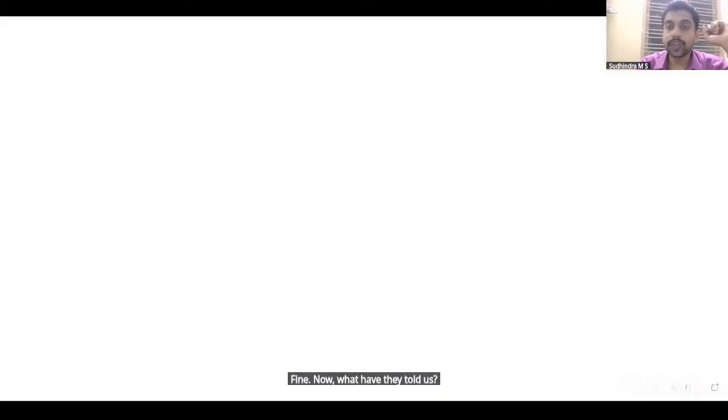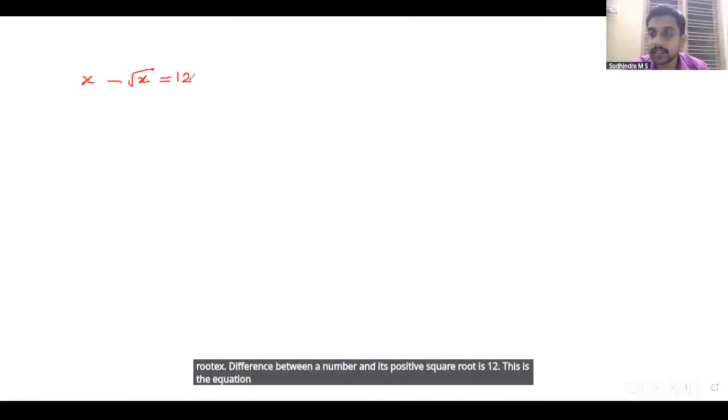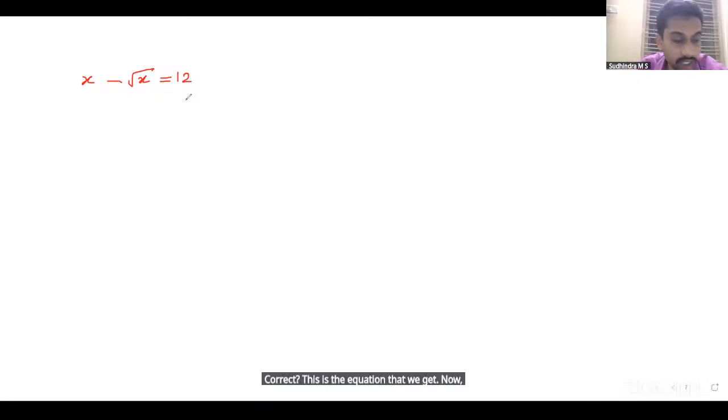Fine. Now, what have they told us? Difference between a number and its positive square root is 12. If I consider that number as x, what would be its square root? Root x. This is the equation that we get. Now, how do I simplify this equation?